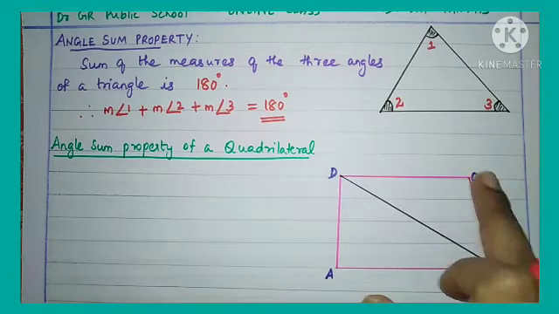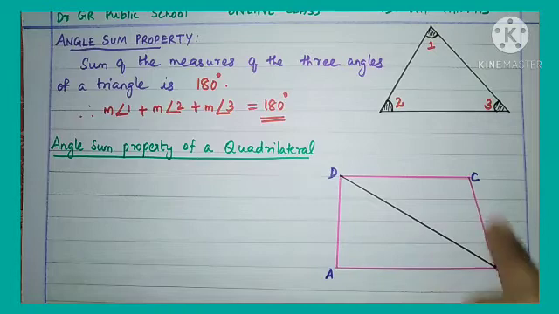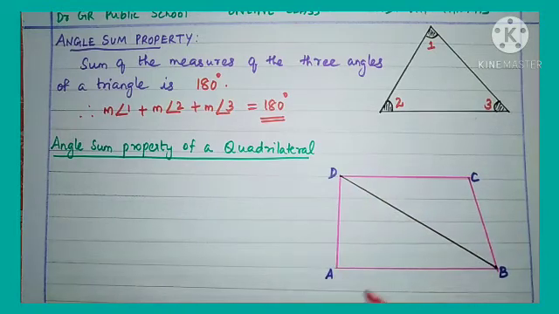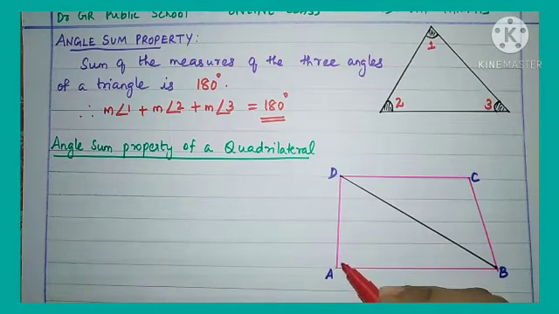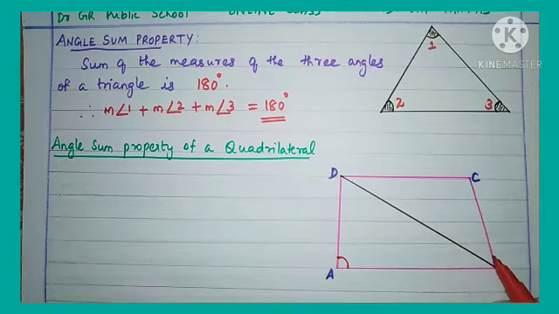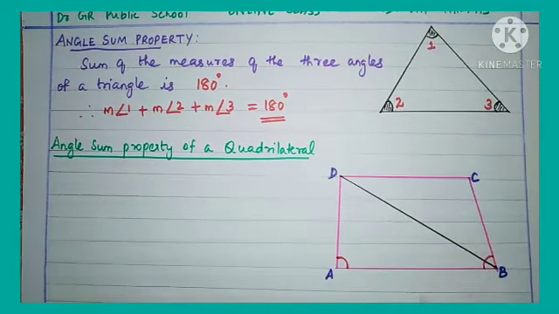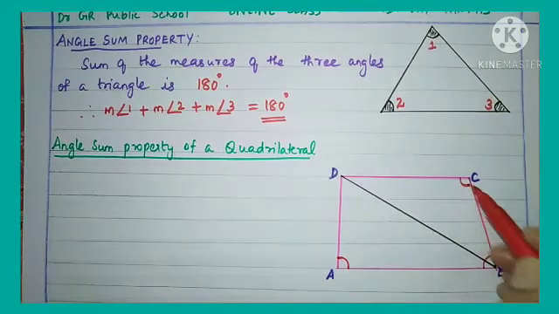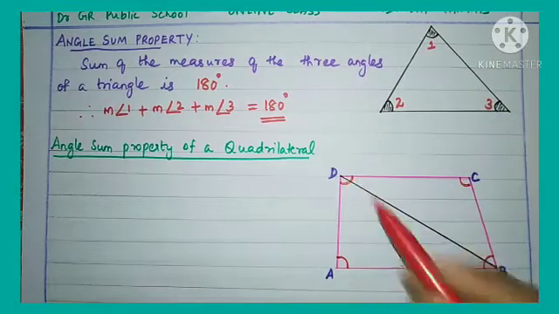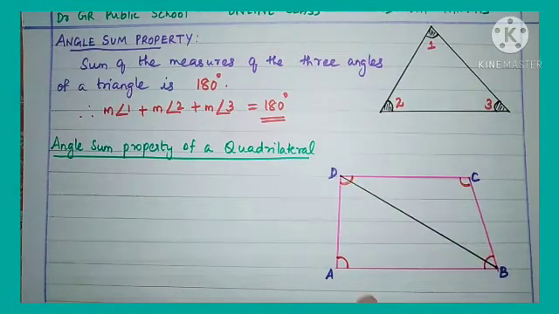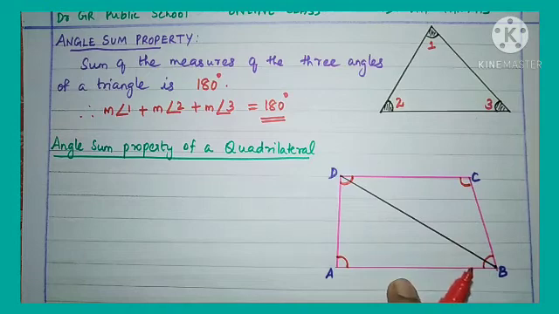A, B, C, D. There are four sides, and how many angles are there in a quadrilateral? Yes, there are four angles. This is the first angle A, this is angle B, this is angle C, and this is angle D. These are the four angles in this quadrilateral.